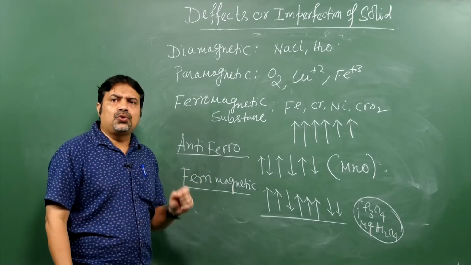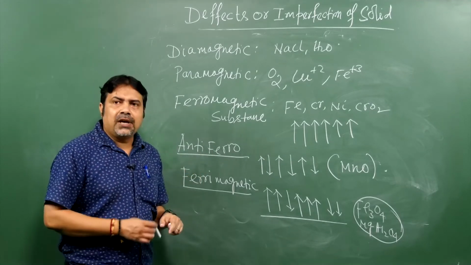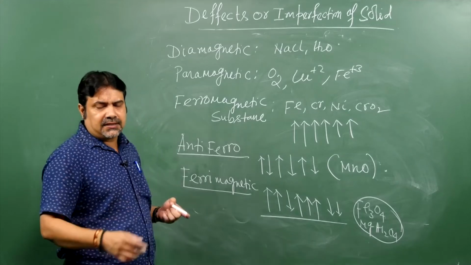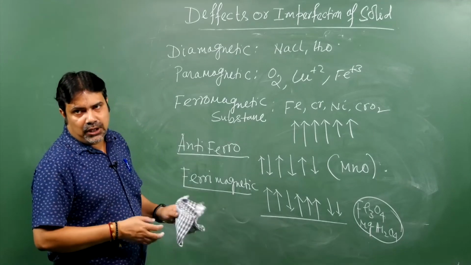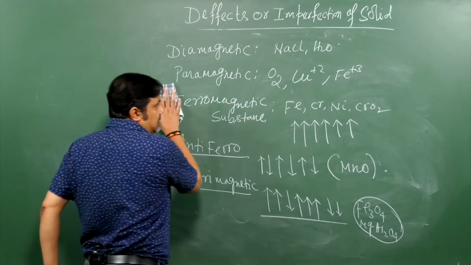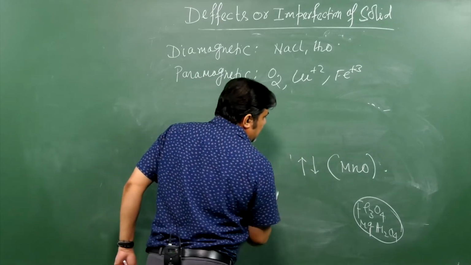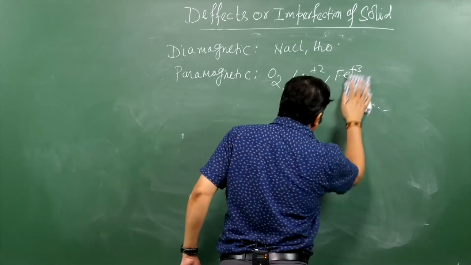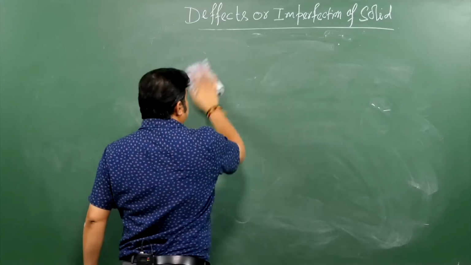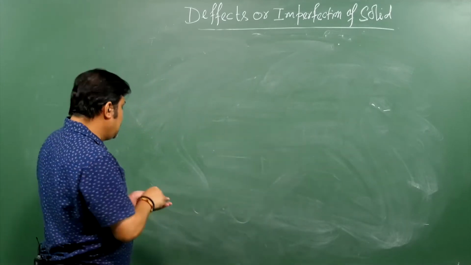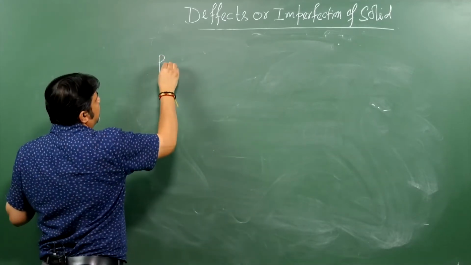Then you need to know 2 points, and then you will finish. What is called a piezoelectric substance, and what is called a pyroelectric substance. They ask questions on this twice.